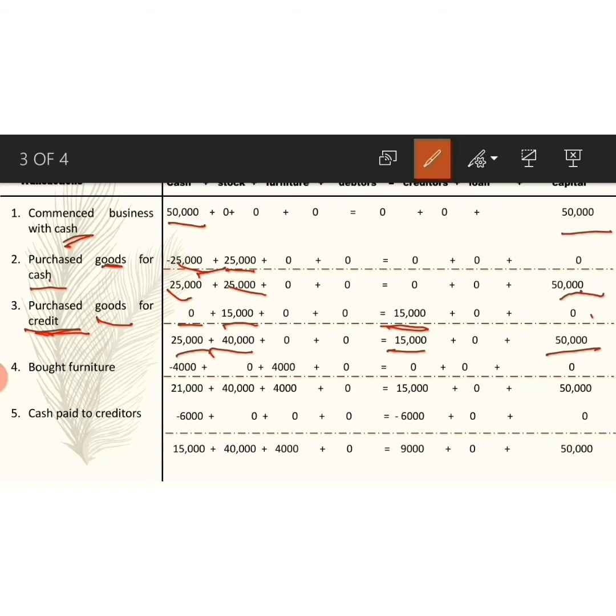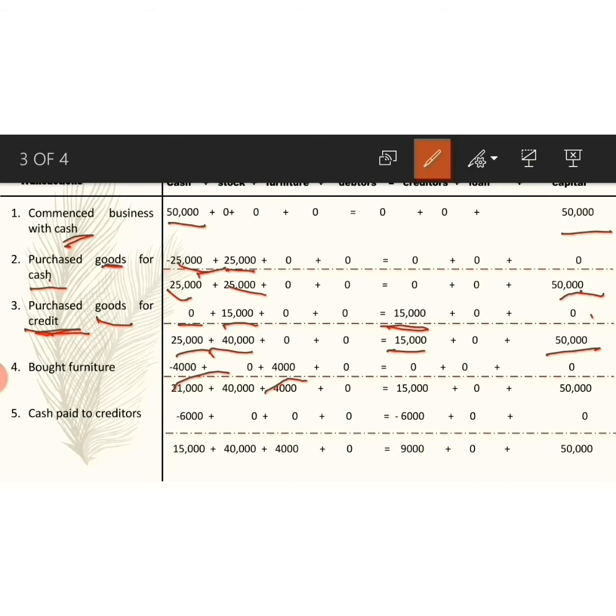Again, bought furniture. Now when you buy furniture, that should be in the form of cash. So less 4,000. And again furniture is a kind of asset, so under the furniture head, you should add rupees 4,000. Now no other recording.